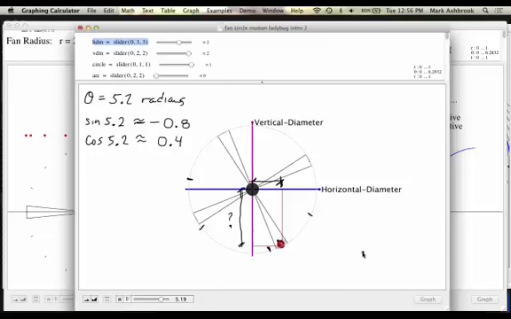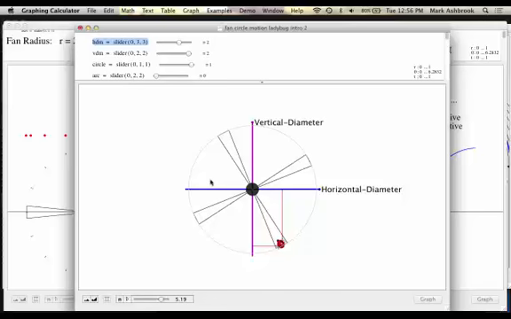Okay, how about, let's just do cosine and sine of 4. So what does 4 represent? What kind of quantity? What's the input into these functions?